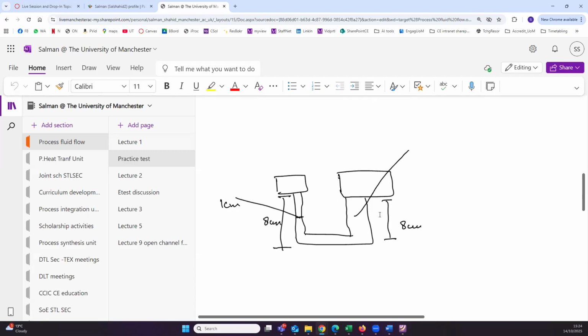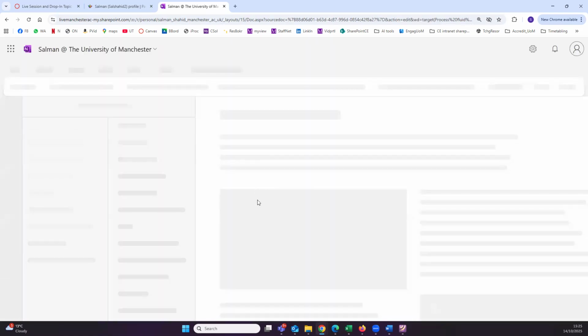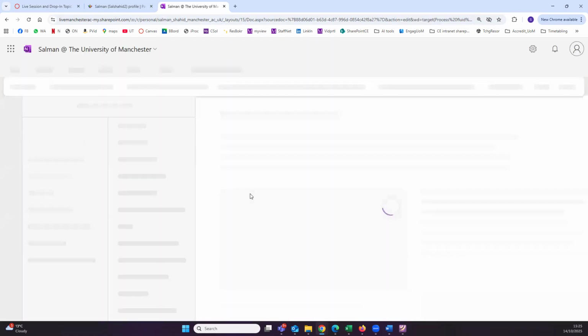So if the fluid inside these tubes is the same, can I say that the pressure at this point, A and B, is the same? Let it just refresh.